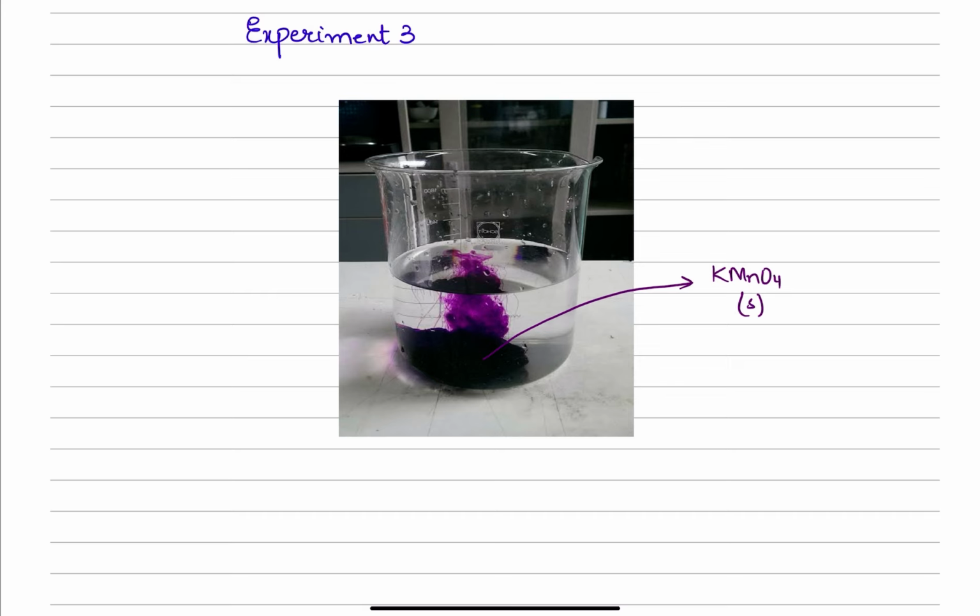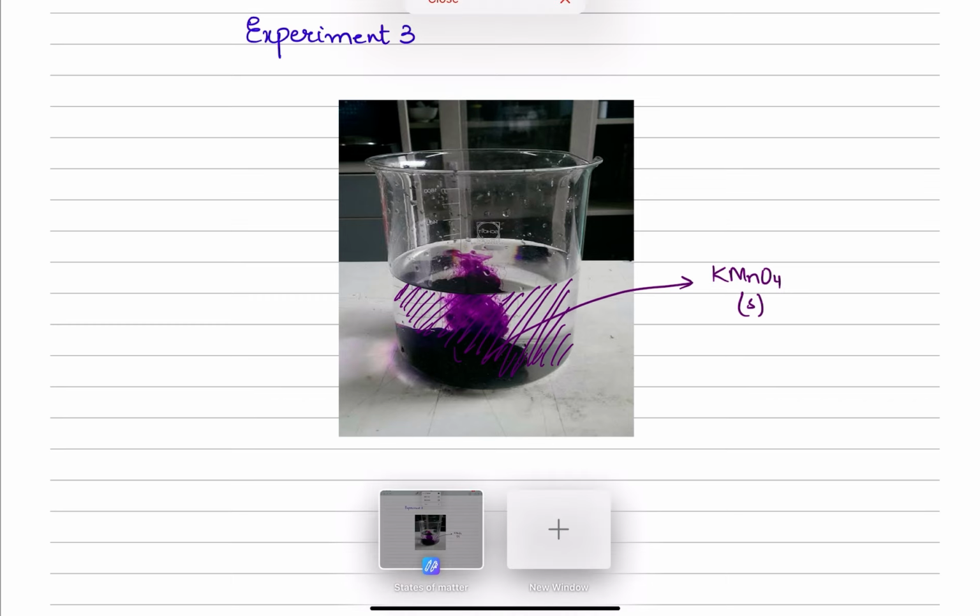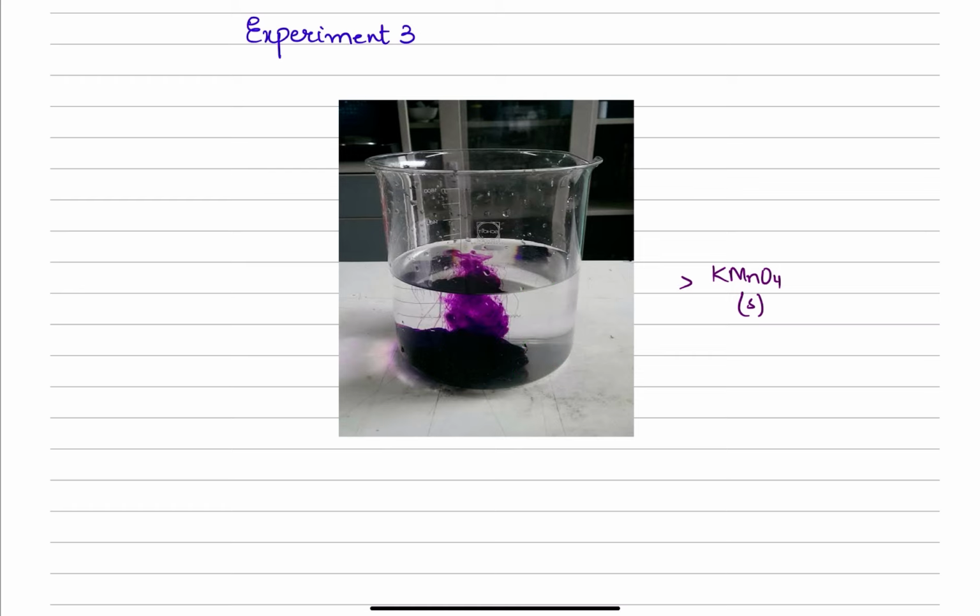Once I add this KMnO4 solid inside water, the purple color will start to diffuse, and after some time you would see a uniform purple solution throughout the liquid. This will be a uniform purple solution after a few minutes. So this is also an example in which diffusion is occurring, but this is diffusion through liquids.